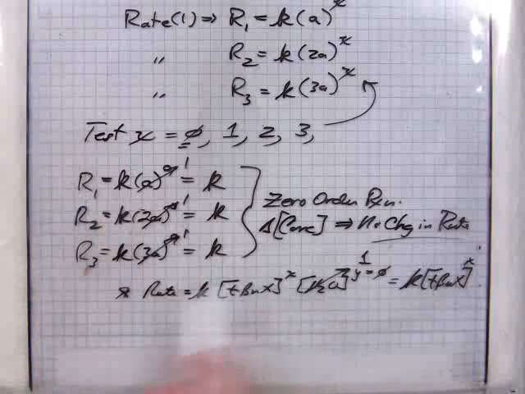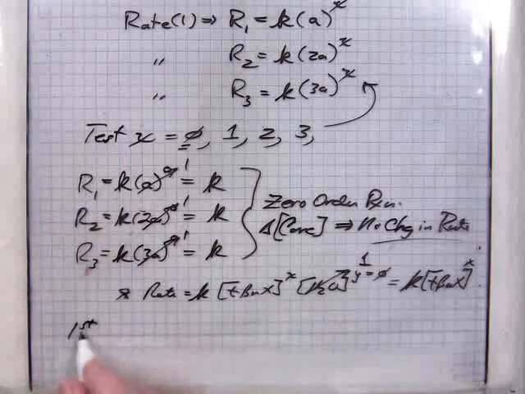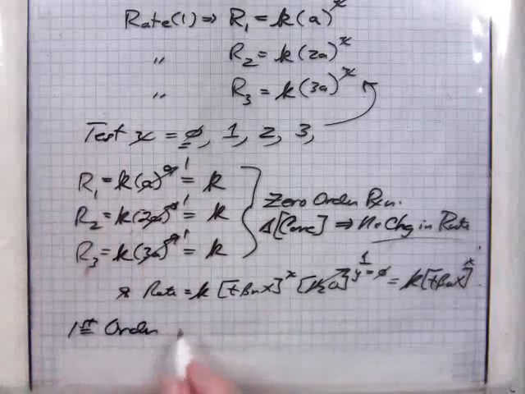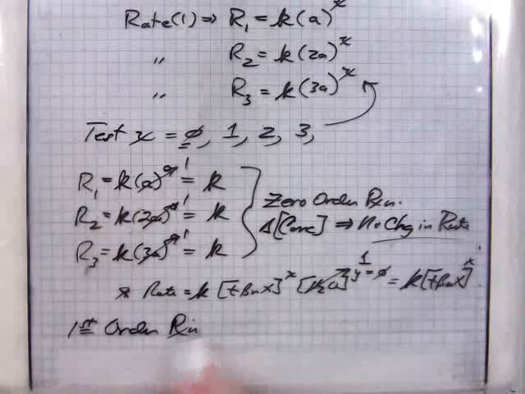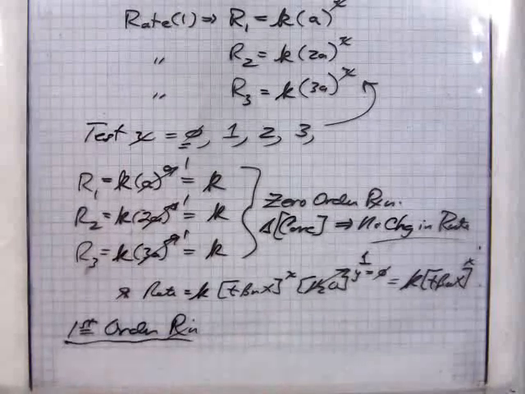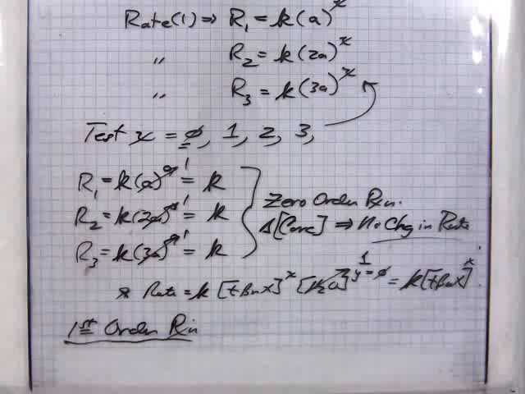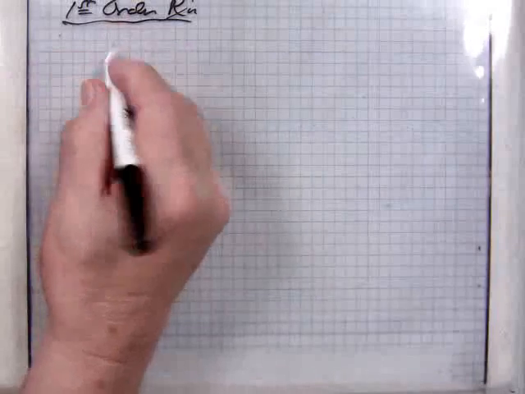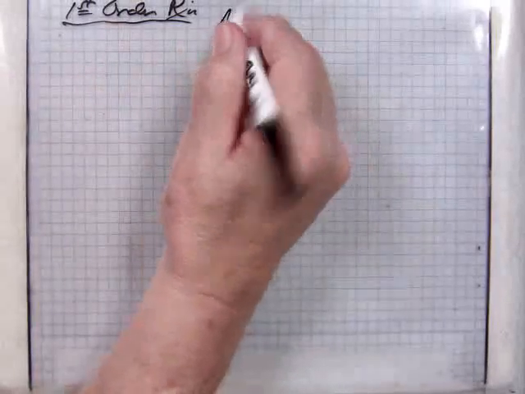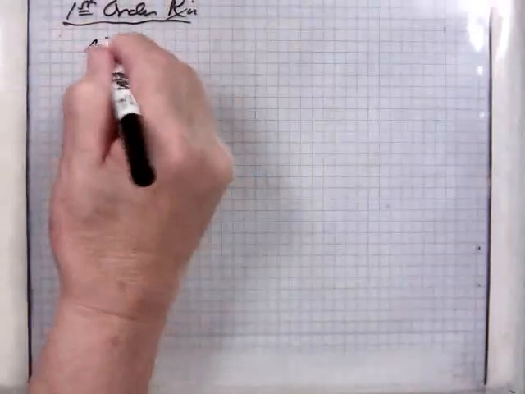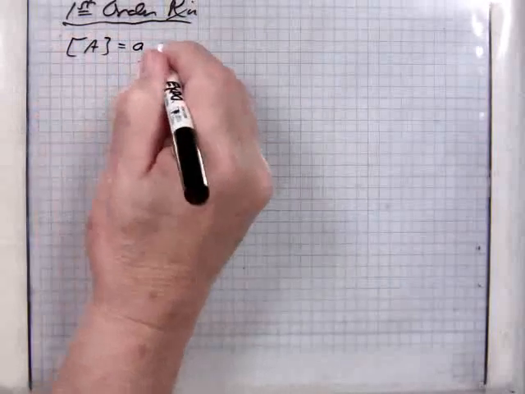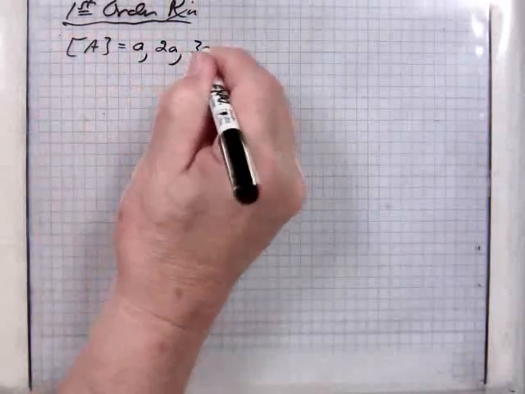Okay, now a first-order reaction is one where we assume a 1 as the exponential value. We've got a reaction where concentration A, as you recall, is A, 2A, 3A, and so forth.